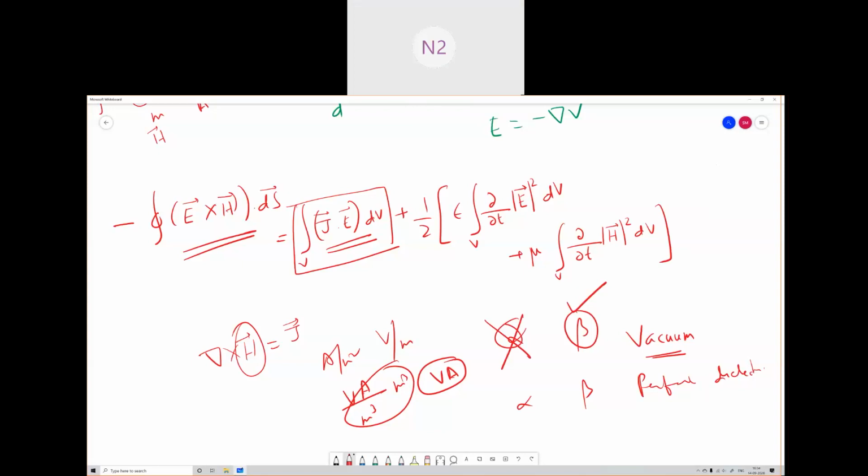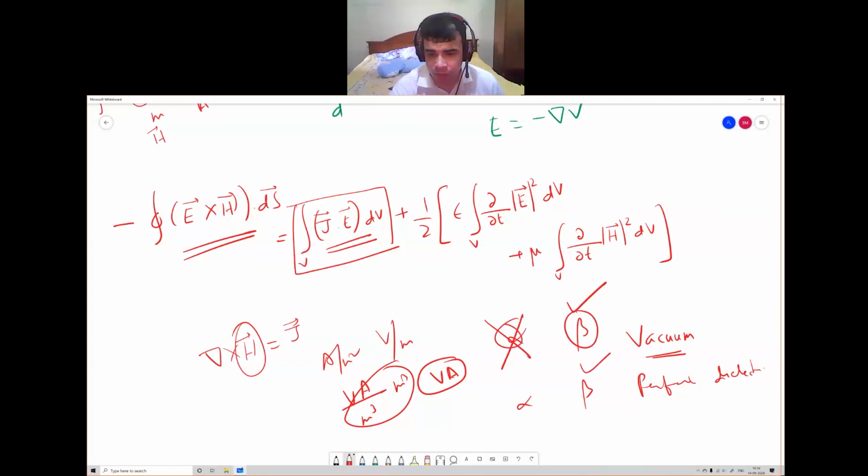For perfect dielectrics, beta was there, but alpha was not there. For other dielectrics, lossy dielectrics, both alpha and beta were there.